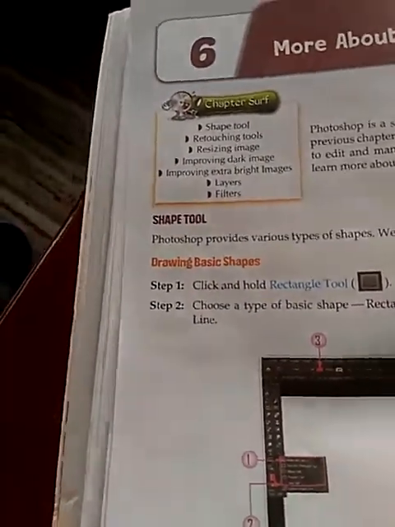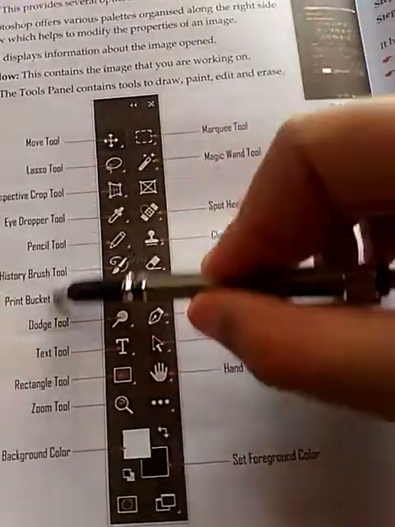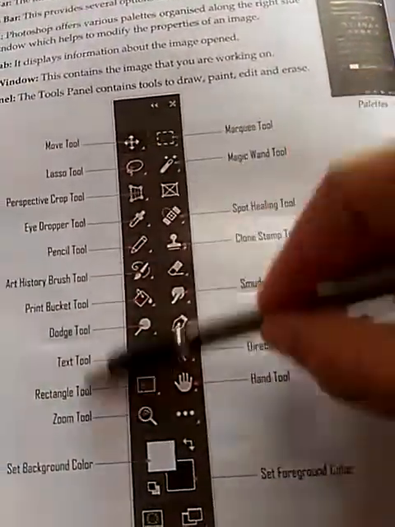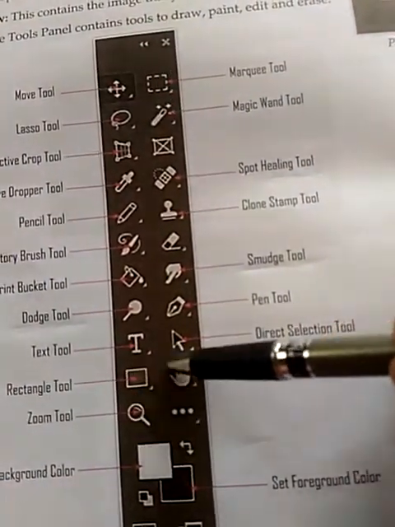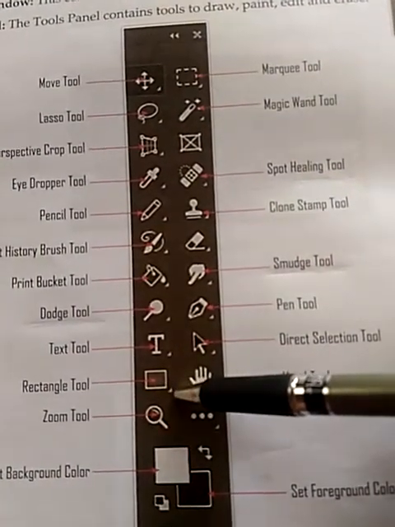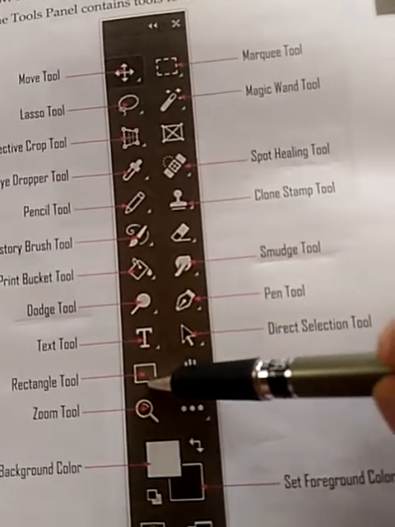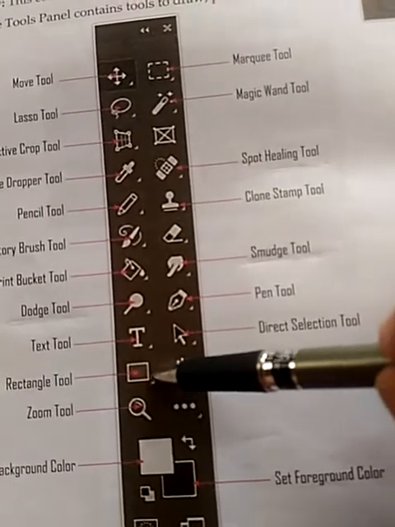Look here, the zoomed image. This is the toolbar area. Here you are finding this rectangle tool. Click on the triangle which is present at the down right hand side.